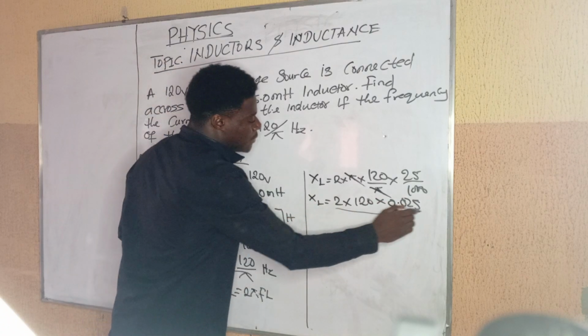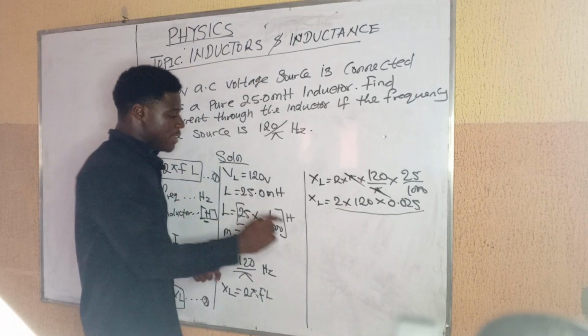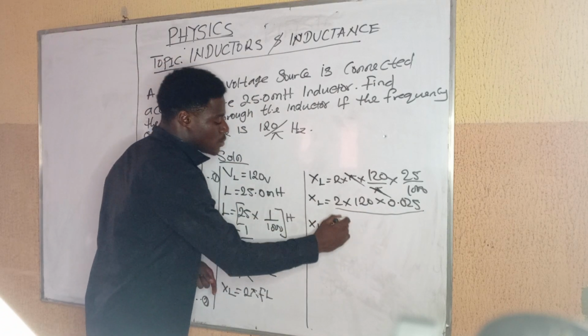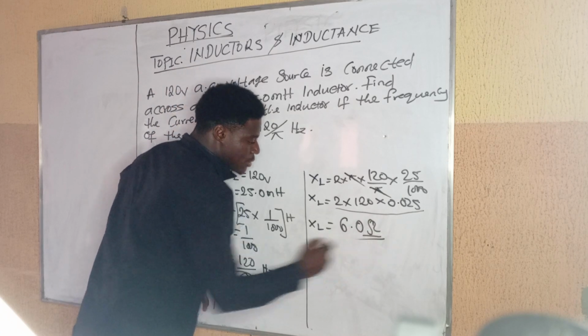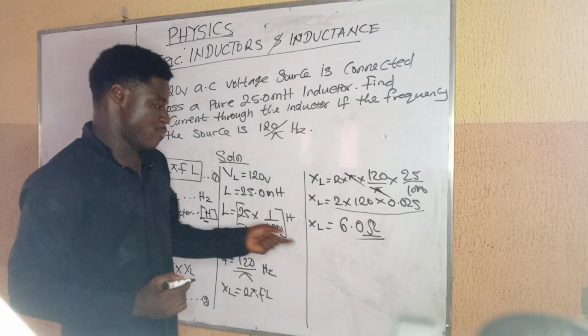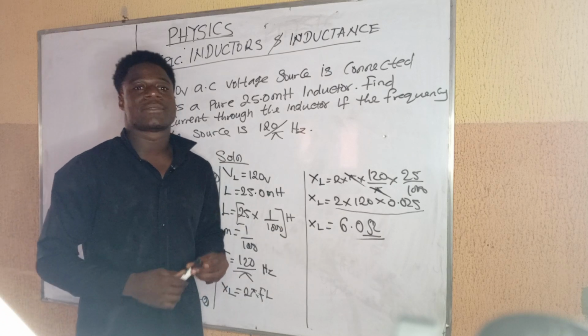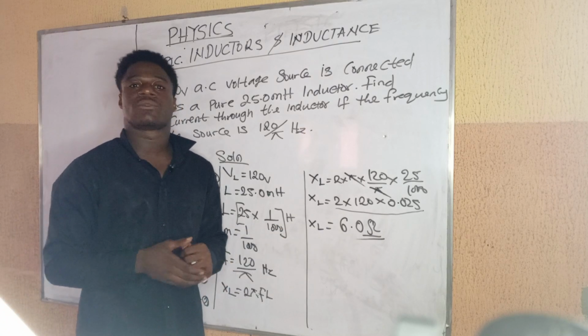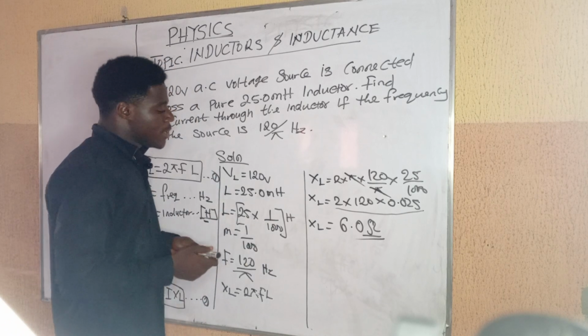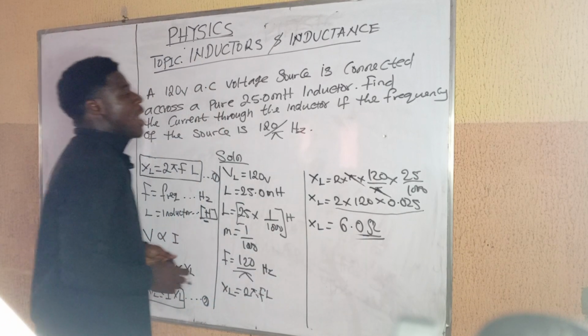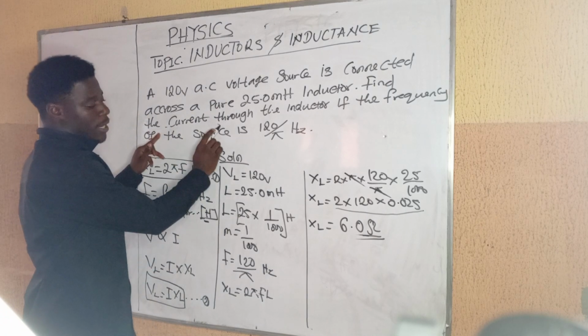When you punch this in your calculator, XL is equal to 6.0 ohms. It's ohms because it offers opposition, and every opposition or resistance is measured in ohms. We are not done yet, because the question is asking for the current.